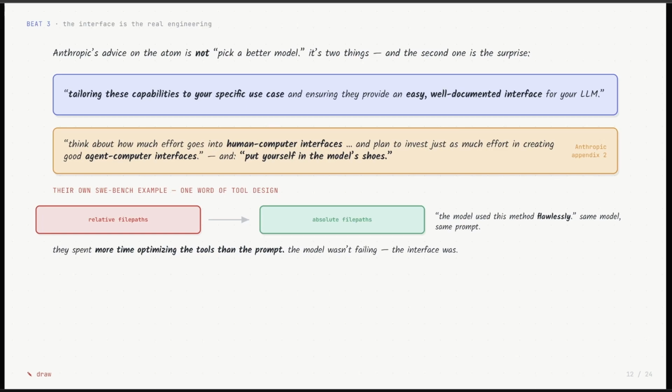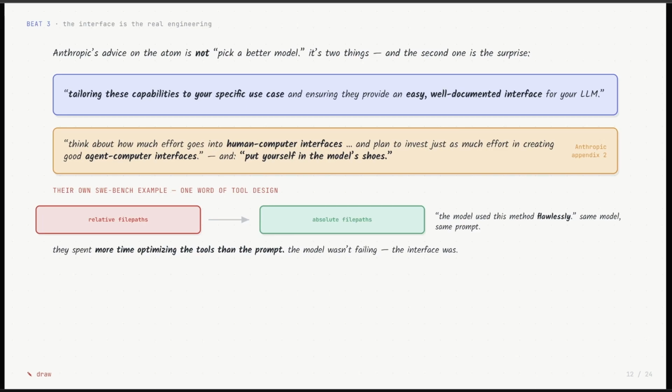And in their own words, the model then used this method flawlessly. So it's not really magic or some really complicated maths. They just gave it the full paths because the model just kept going out, and I think this is a very obvious and easy problem to understand. They say outright they spent more time optimizing their tools than the overall prompt. The model was never the thing failing, the interface was.